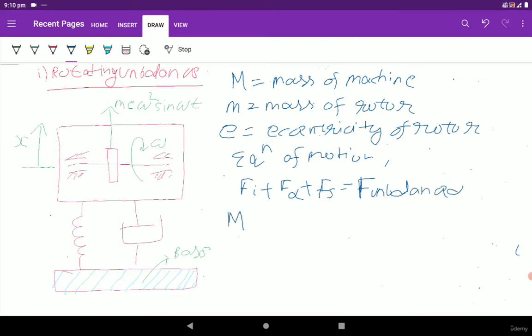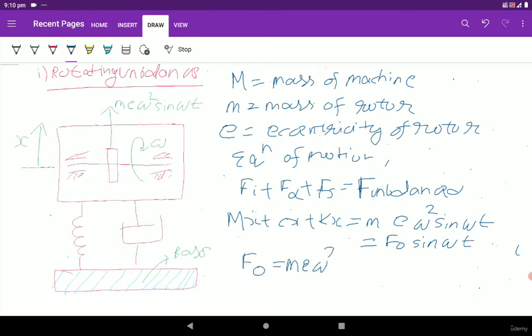So after further simplifying, we get capital M x double dot plus C x dot plus K x is equal to small m, this is small m, let me make it simpler to avoid any confusion, small m e omega square sine omega t, which is further equal to f naught sine omega t. Further simplifying, we are going to get f naught is equal to m e omega square.